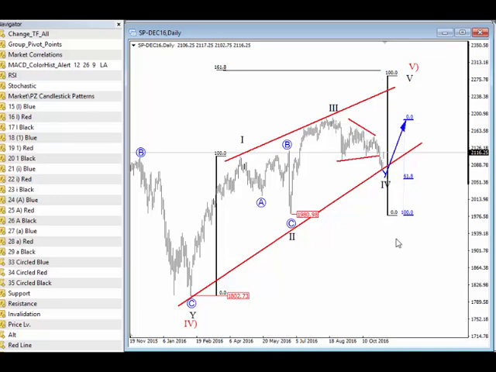Also, a triangle occurs prior to the final move within a larger pattern. So this was our larger pattern, which was down in 3 waves, and it occurred prior to the final move in wave B, and wave C was our final move. So I think that we could see continuation to the upside, but this current recovery, I would not trust it.